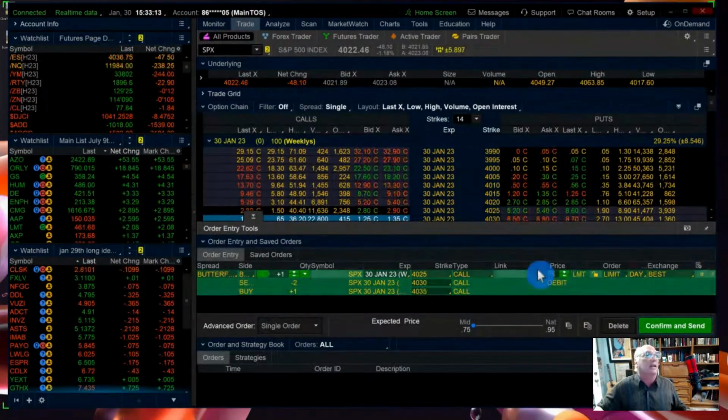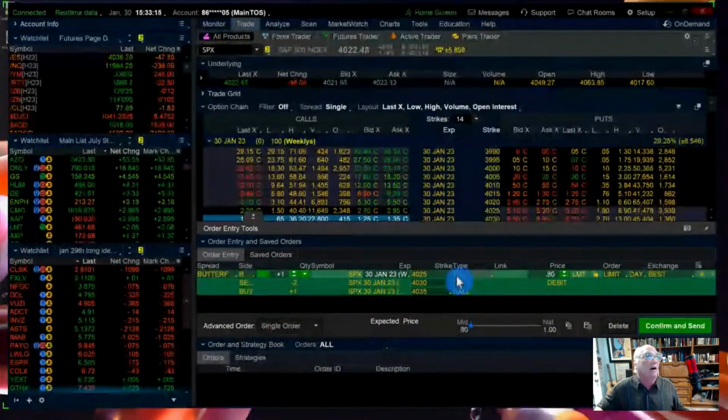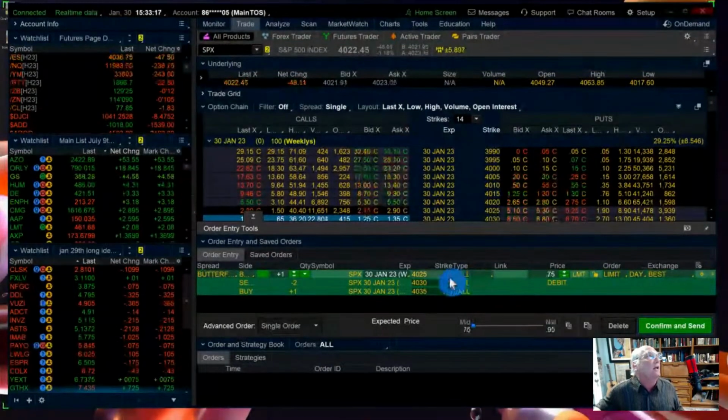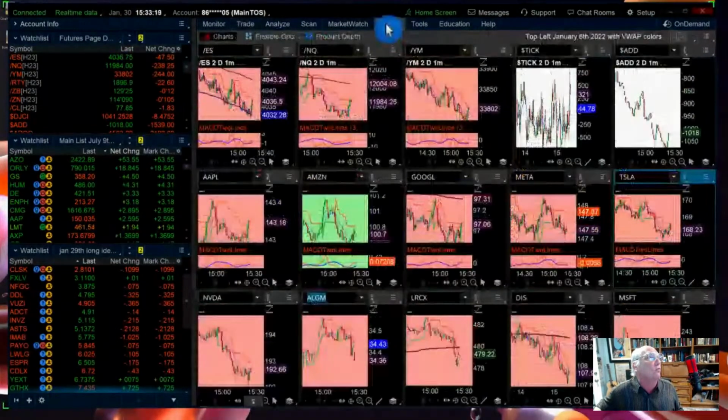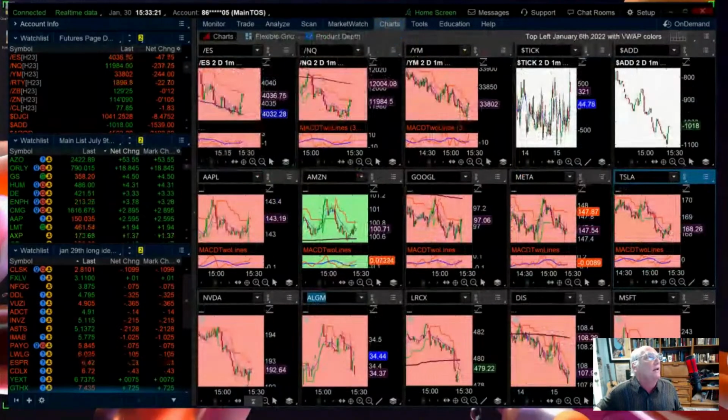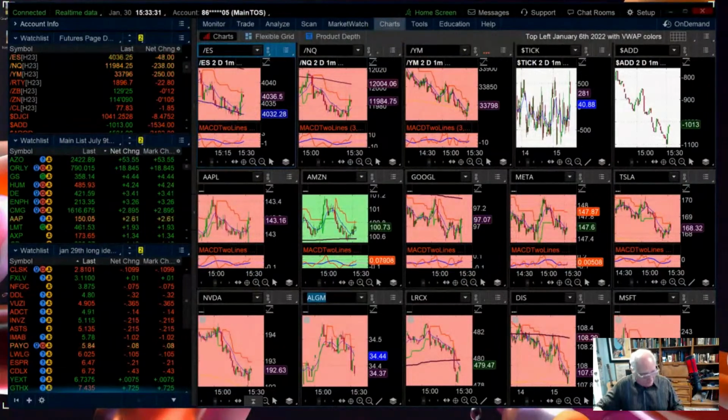So just keep that in the back of your mind. It's not there yet. Now, a lot of times you get this oversold rally that goes all the way to here, just sort of this trend line, and then it's going to be like 3 points in the money. So just keep that in mind.